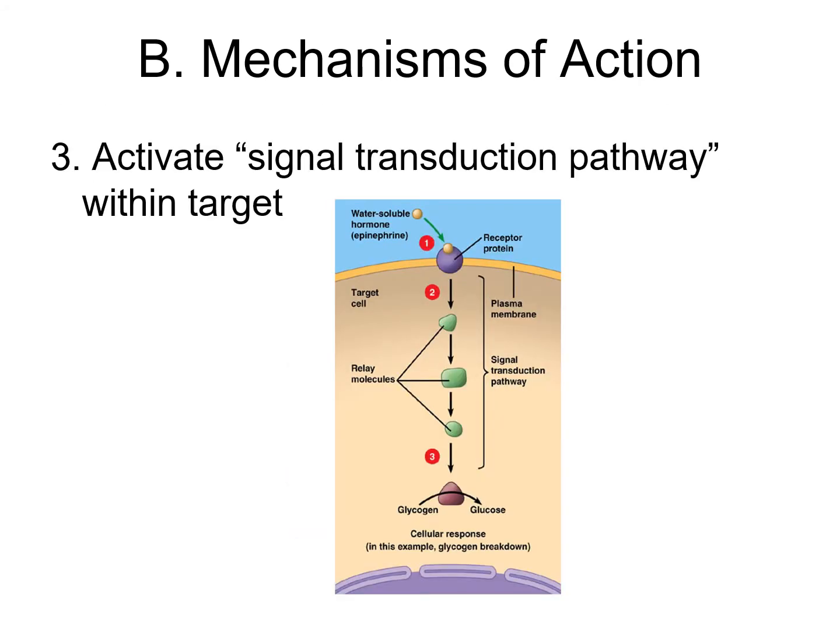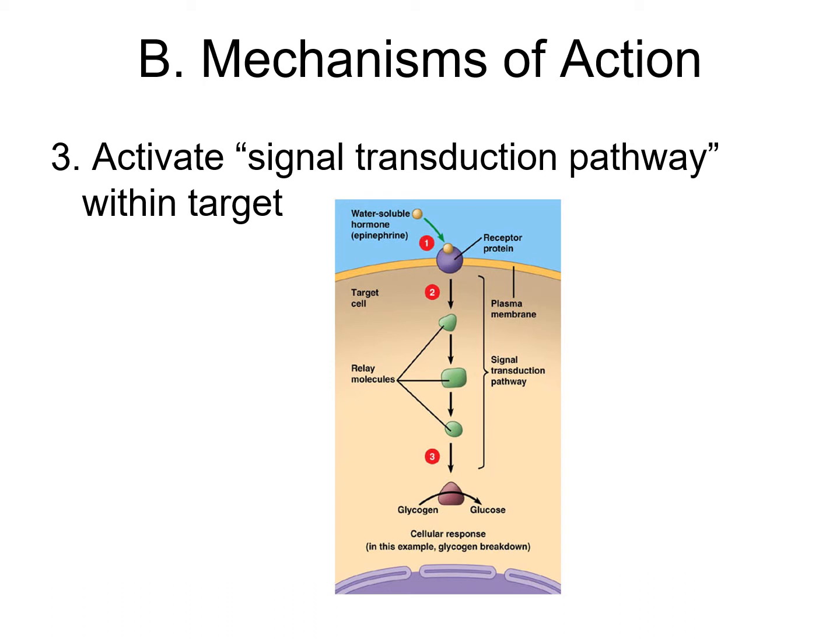Our third mechanism of hormone action is for the hormone to activate a signal transduction pathway within the target. This is similar to the G protein example, only the intermediate molecules are not membrane bound, only the receptor.